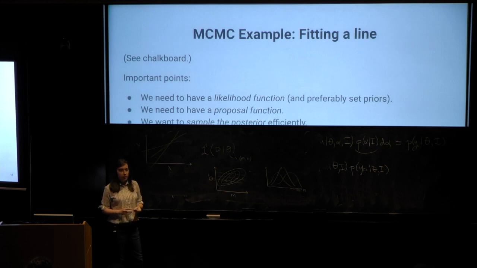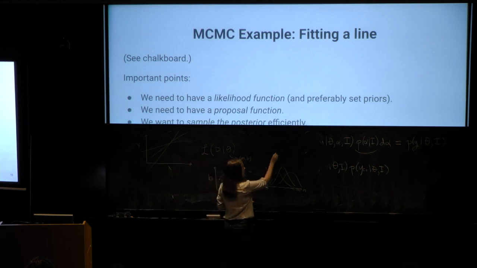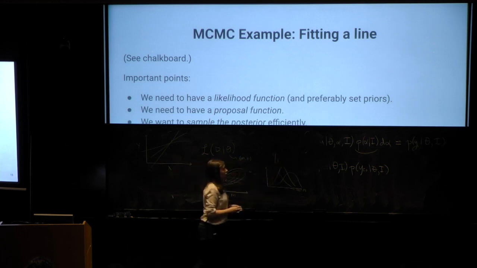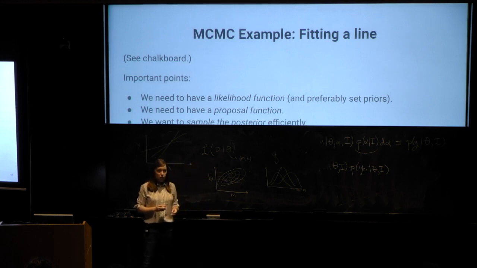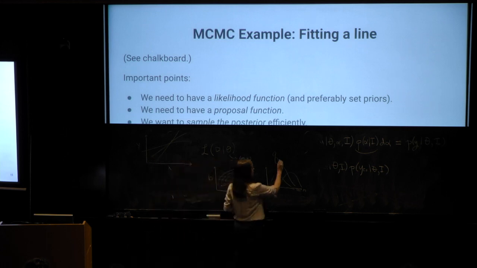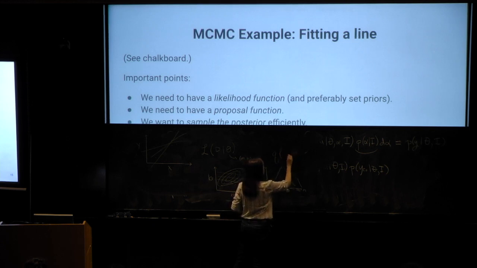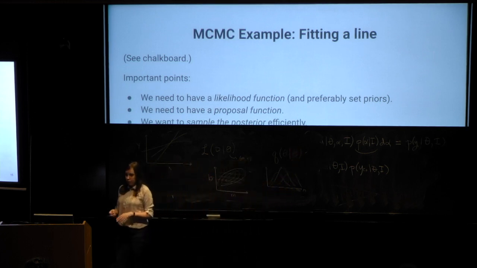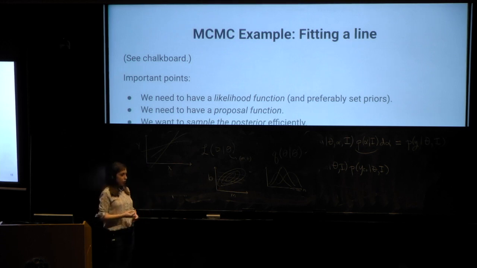It also needs a proposal function, which is often written as this Q. And so Q is going to be like, if I have a given M and B, what is the next M and B that I want to try? And Q is something that we can choose for ourselves.